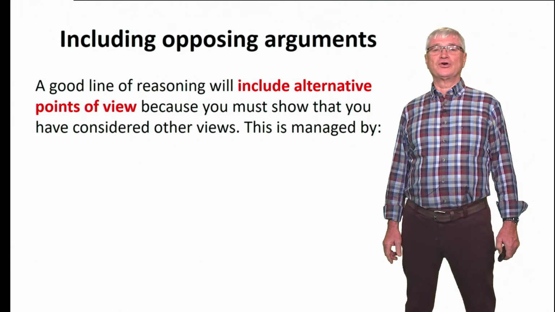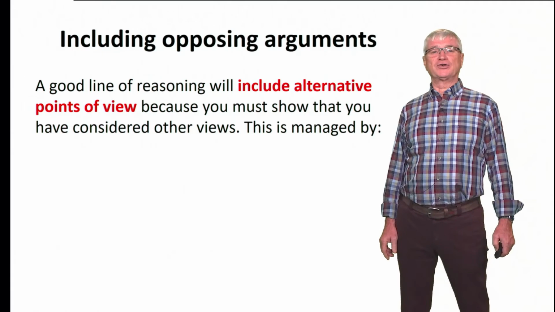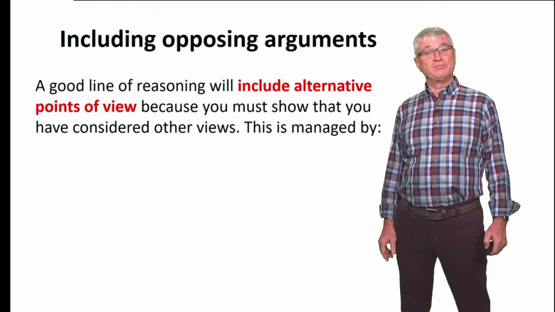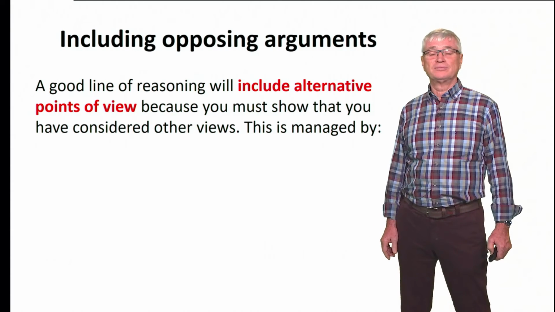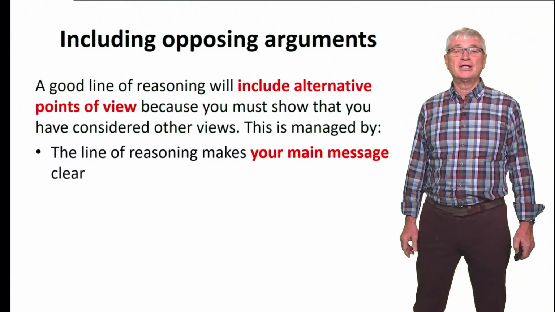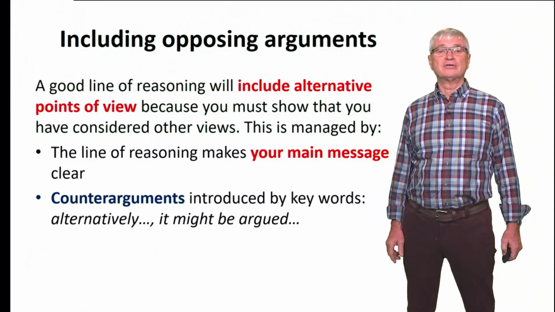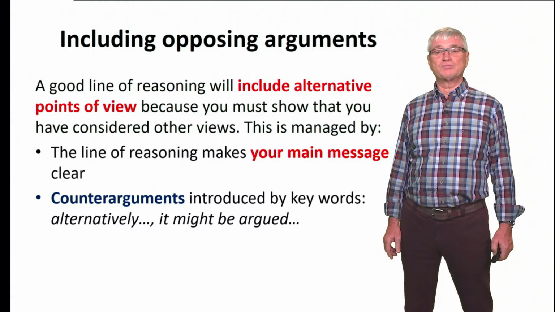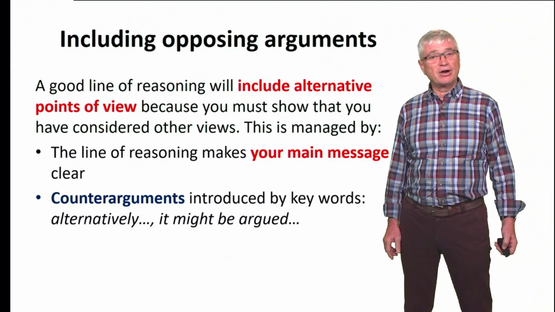But you have to include opposing arguments. Of course you do. A good line of reasoning will include alternative points of view because you must show that you have considered other views. This is managed by the line of reasoning making your main message clear, but then you have counter arguments introduced by keywords like alternatively, it might be argued.